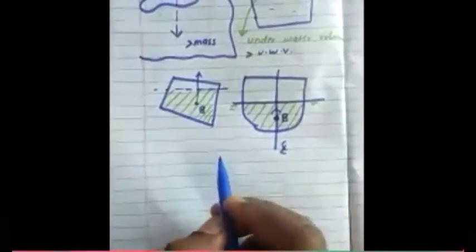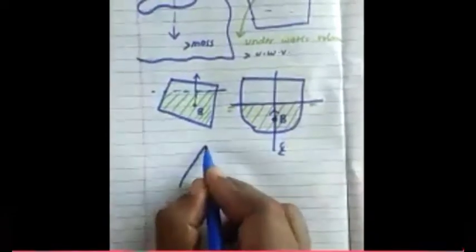Suppose because of some wind or waves, my ship got inclined. This is my new water line, and this is the center line of my ship. This is my underwater portion now.